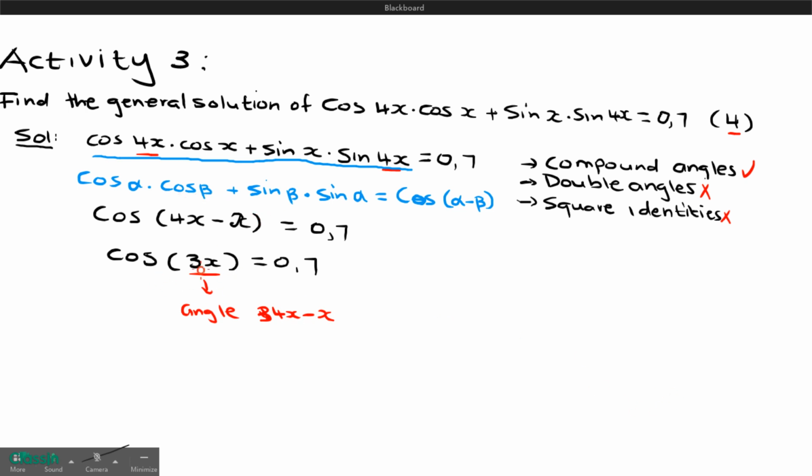So we treat it as an angle. Where do we go from here?